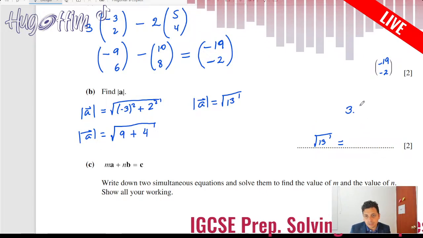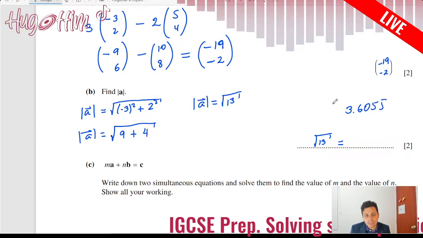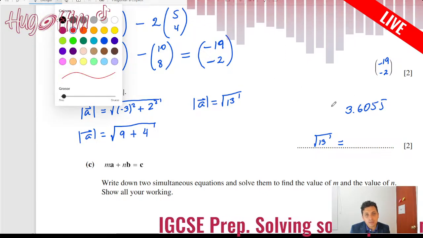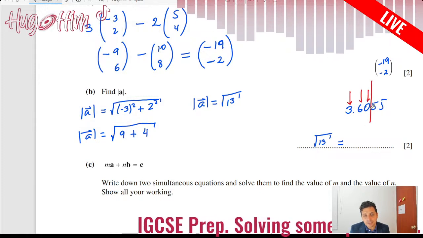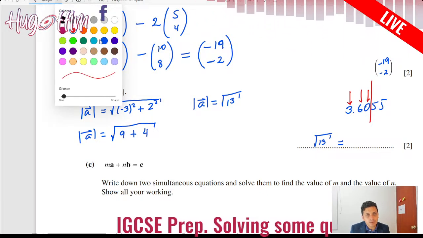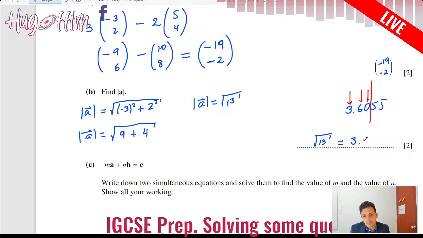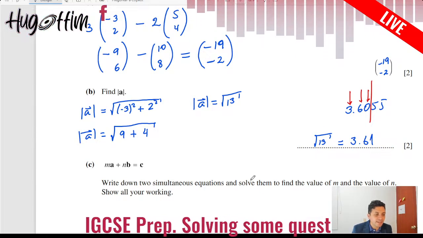The calculator gives me 3.605. So for 3 significant figures, first 3, 6, 0, and this is a 5, so it becomes 3.61. So you already have the magnitude of the vector A.